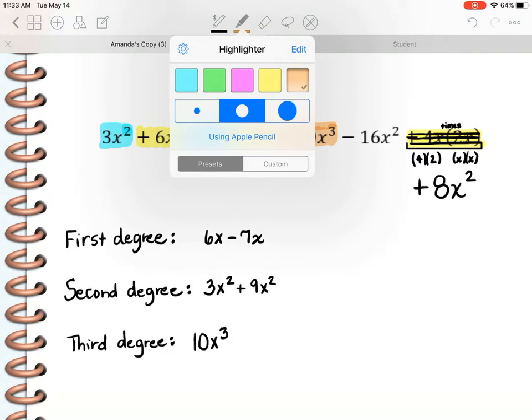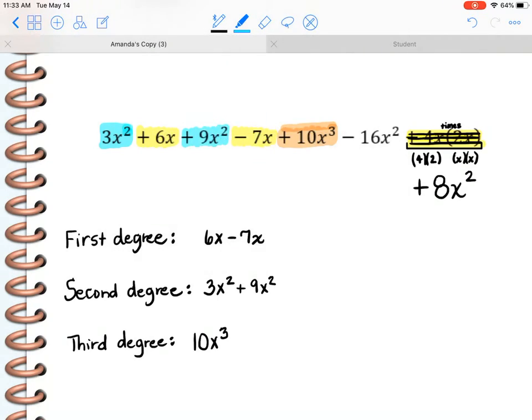Coming on down the line, there are a lot of terms in this problem. There's a minus 16 to the second power. So put that on your second degree row. And then finally, this little fella that we simplified is a plus 8x to the second power. So it's also going to go on the second degree row.